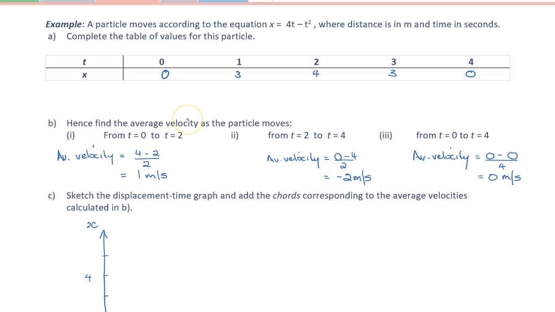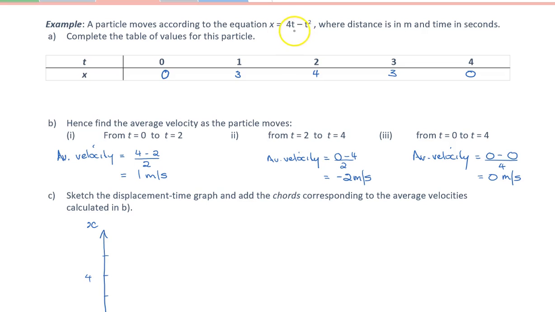If you haven't had a chance to fill out the table, then you might want to pause the video and fill yours out and have a think about the situation. So a particle moves according to the equation. X, remember, X is the displacement. Its position relative to the origin moves under this 4t minus t squared.